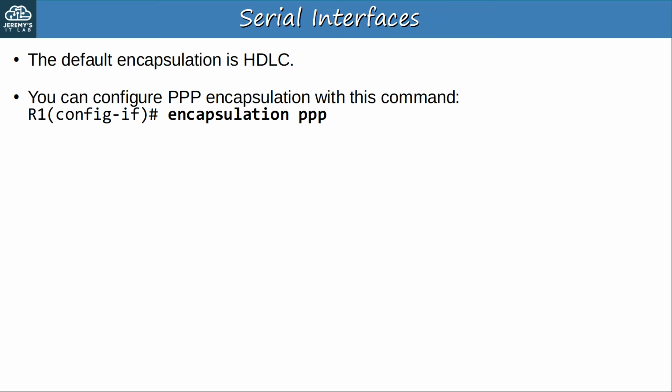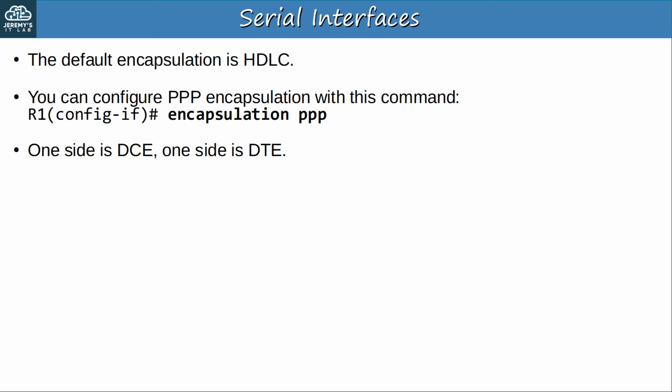So that's a very basic overview of serial connections. Here's a summary of what you should know. The default encapsulation on a serial interface is HDLC. You can configure them to use PPP encapsulation instead with this command, encapsulation PPP. If you change the encapsulation on one side, remember to change it on the other too.